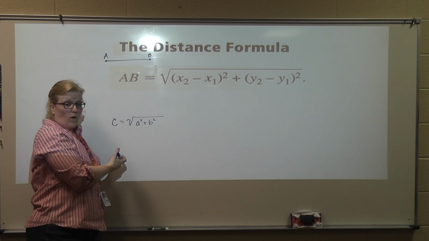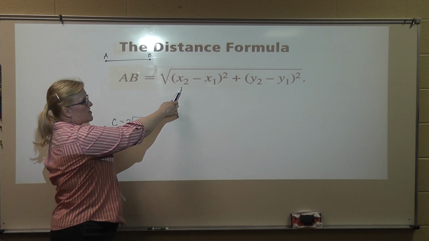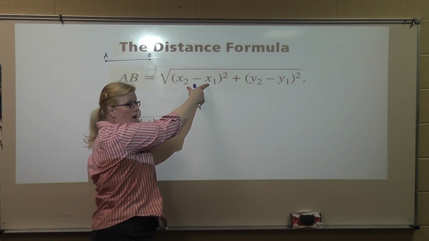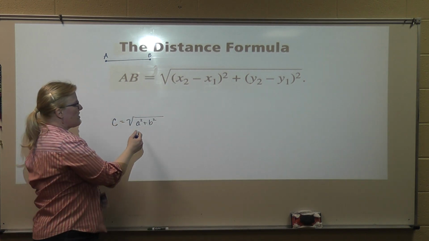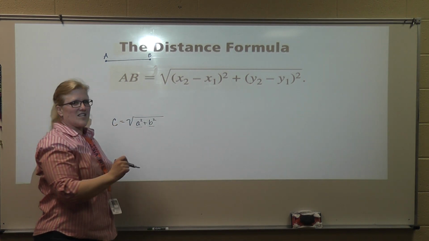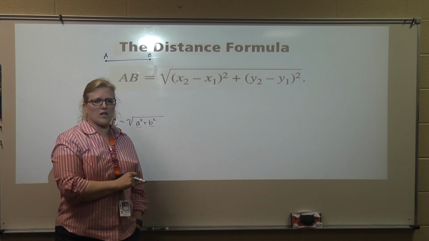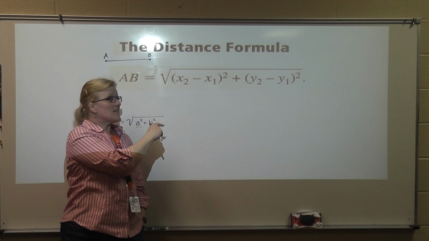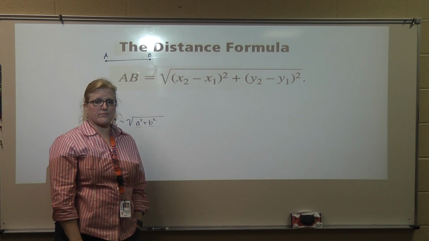Just like we would want to know the length of C, it's this formula right here. It's the square root of the difference in x's squared plus the difference in y's squared. So it's very, very similar to this. I could go into more detail, but I think this is probably good enough. Write this down. You are going to need it. So take a minute and do that.